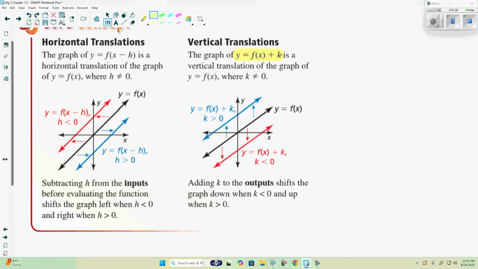Horizontal translation, we're moving the function to the left or to the right. Now, the standard way we write this is f of x minus h, where h is the value that we move the function to the left or to the right. Okay? Now, when we talked about this yesterday and the day before, we said when we're looking at the function, left and right is the opposite of what we think.